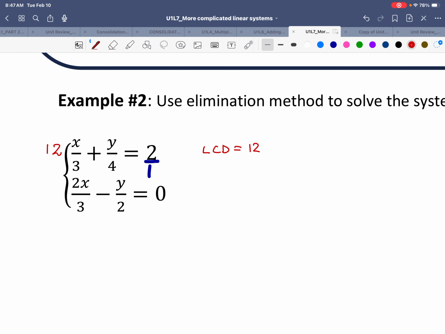Now, in the next equation, we have the coefficients 2 over 3, so denominator 3, and then denominator 2, and this has no denominator, so we can give it a denominator of 1, and the lowest common denominator in the next equation will be equal to 6, so we can multiply by 6 to get rid of every denominator. So this is how this is going to happen.